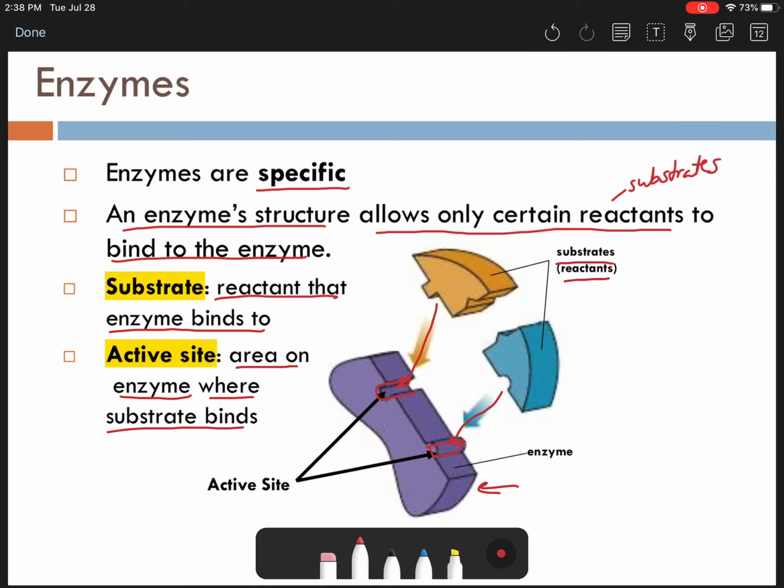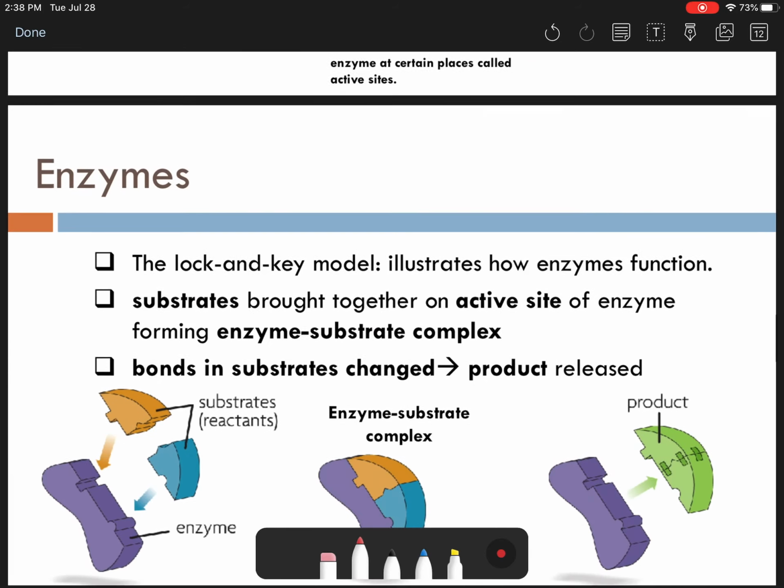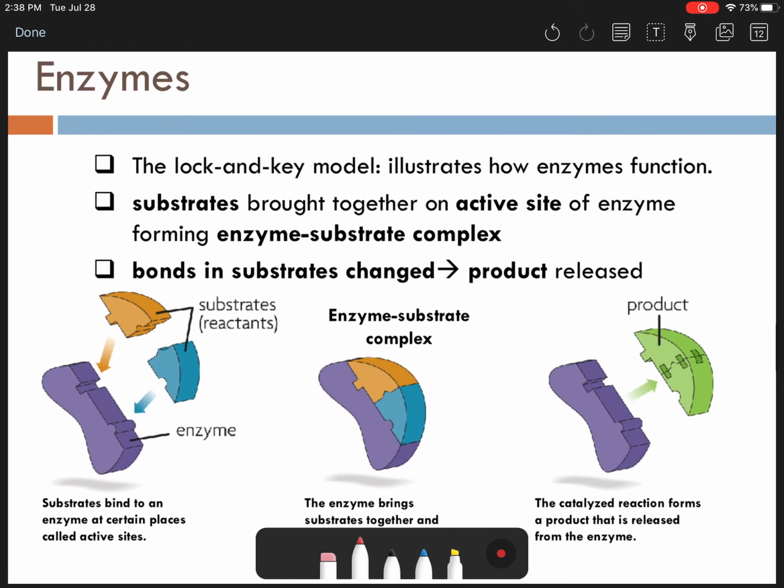If a different enzyme came along, these two substrates could not hook onto that different enzyme because their shape is very specific to that particular active site on that specific enzyme. So when you think about all the different chemical reactions that occur in our body, we have different enzymes that are playing a role in all of those different chemical reactions. So pretty amazing. That's why enzymes are so important.